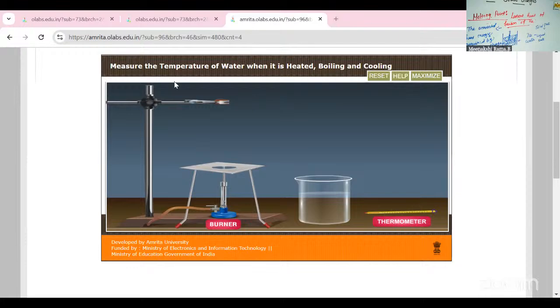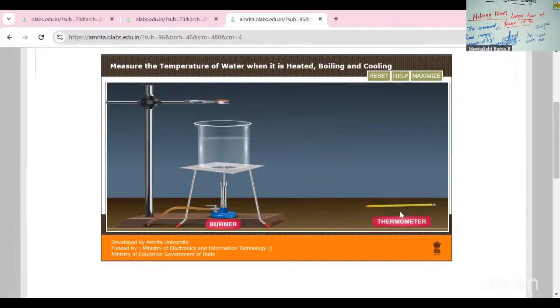Just observe this simulation, and definitely the concepts are very clear to understand. What are the items here? A beaker filled with water, a thermometer, a burner, and a tripod stand. I want to keep the beaker on the tripod stand and put the thermometer into that beaker.